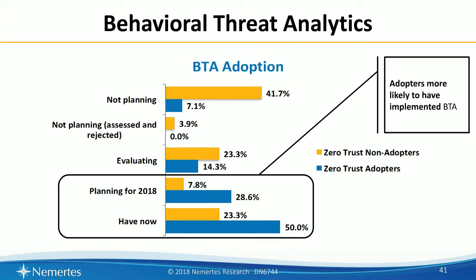Behavioral threat analytics. You can do zero trust without doing behavioral threat analytics, but we find that that's not all that common. The folks who do zero trust are much more likely than folks who have not adopted to be deploying behavioral threat analytics as a part of their security infrastructure, far more than twice as likely, in fact.